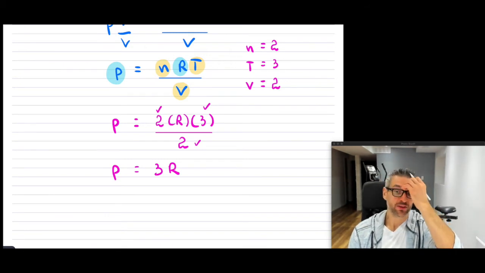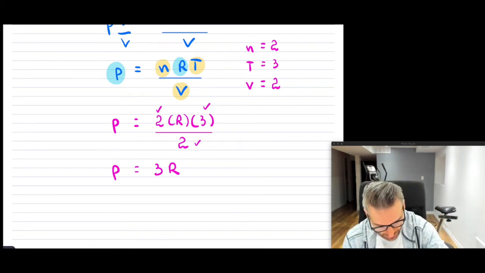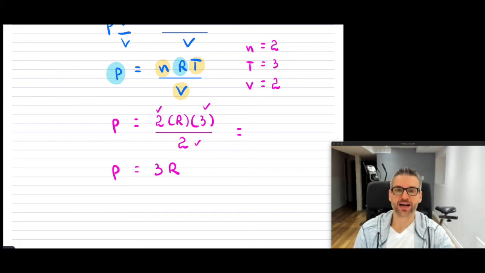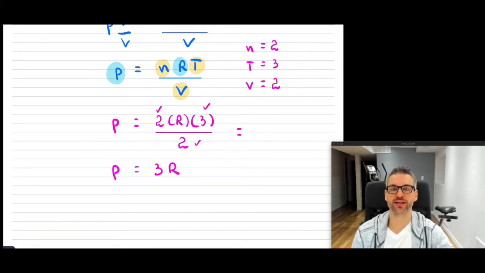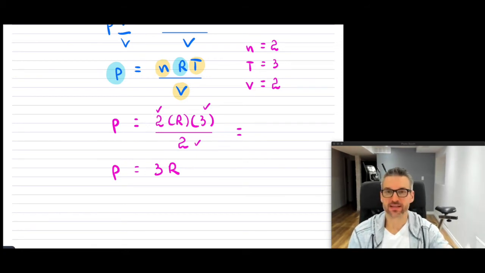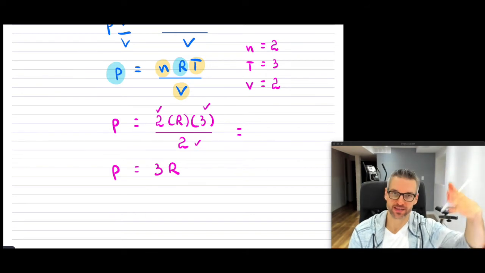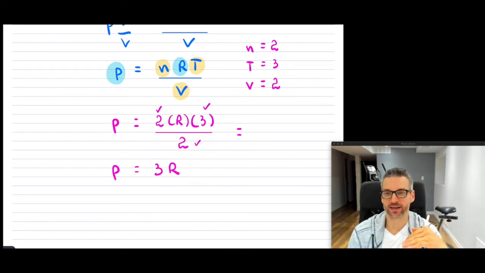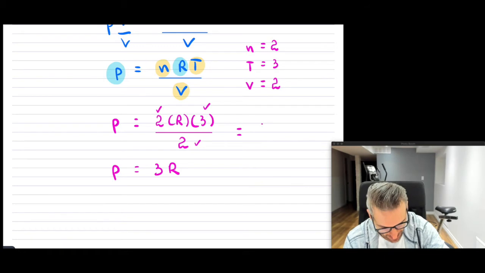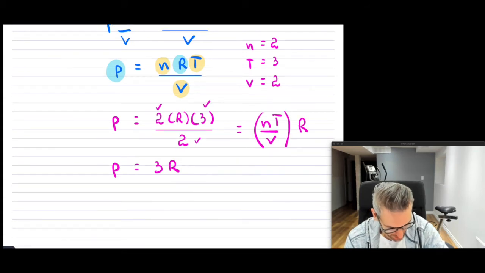Now, in general, because n is not actually equal to 2, and T is not equal to 3, or V is not equal to 2, this is just to show you. In general, you would say they're constants. Now, if I would multiply them, I would have some number n multiplied by some number T divided by a number V. So what I would have is n multiplied by T divided by V. That would just be some number.